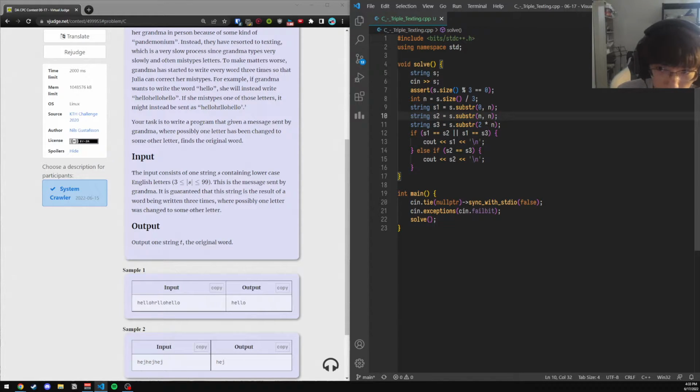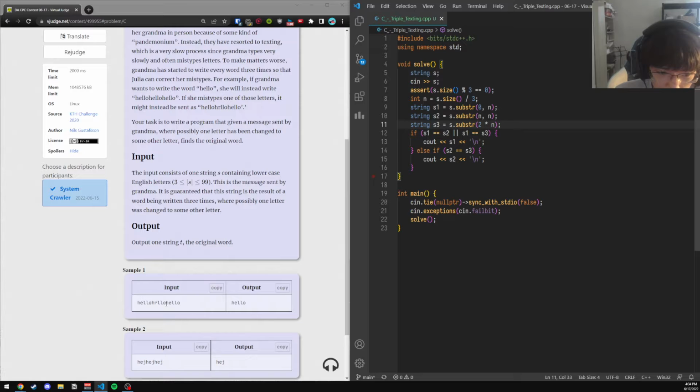So in C++, you might use substring. You could also just use a for loop, and then for the first n characters, you can push it into the first string. The second one, you can push it into the next one or something. It doesn't really matter how you do it, but this would be one way to do it. Just take a substring and then check if S1 is equal to S2 or S1 is equal to S3.